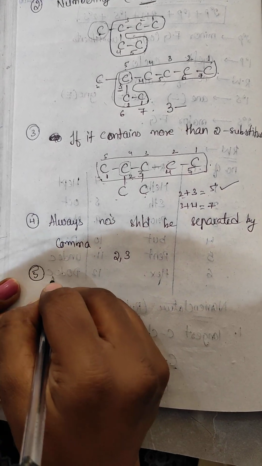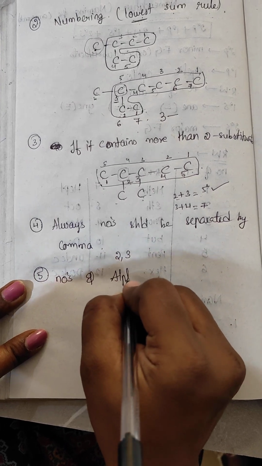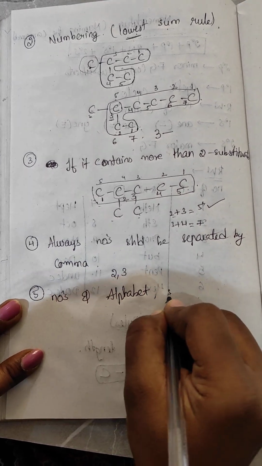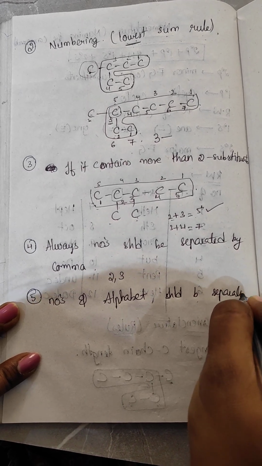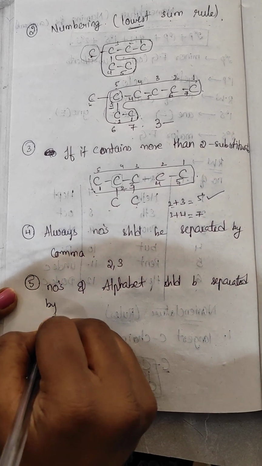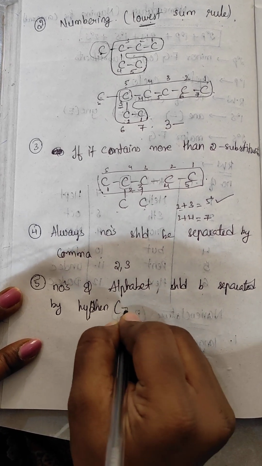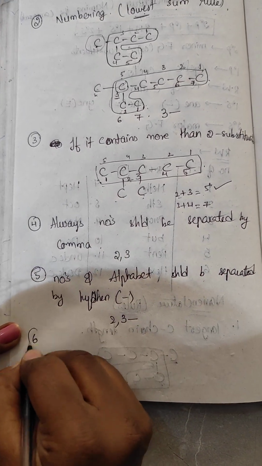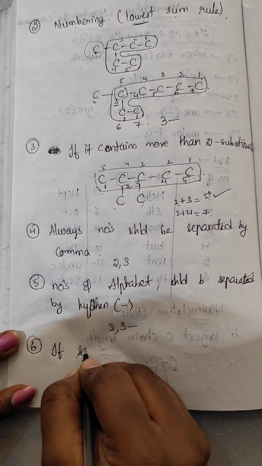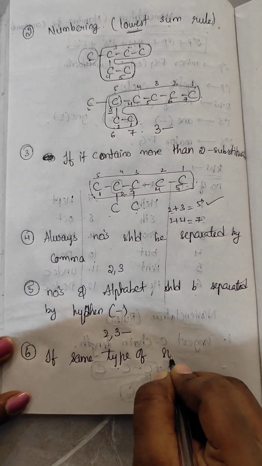Next point, numbers and alphabet should be separated by hyphen. So 2, 3 hyphen.